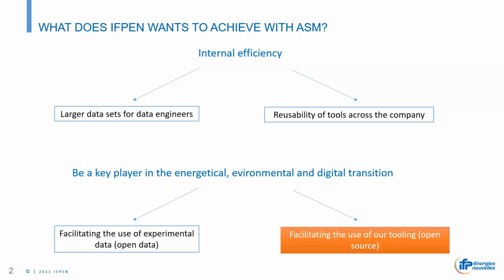I talked about it in the last Allotrope Connect, why we're doing this, and how Allotrope allows us to do open data and comply with our obligations as a public institute. And we also want to facilitate the use of our tooling. In order to achieve open data, we developed a lot of connectors to bring specific, proprietary data into Allotrope. And we thought, well, these tools we've been using, why not give them to the world, to society as a whole, to make science advance more easily.